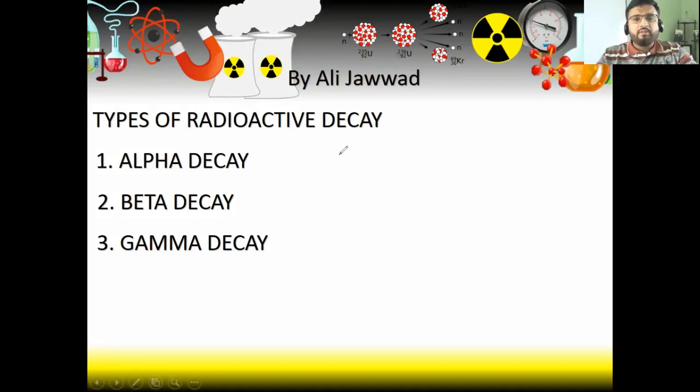So if the atom is emitting alpha particles, it is undergoing alpha decay. If it is emitting beta particles, it is undergoing beta decay. And if it is emitting gamma rays, it is undergoing gamma decay. So let us see how to write the equations for alpha, beta and gamma decays respectively.